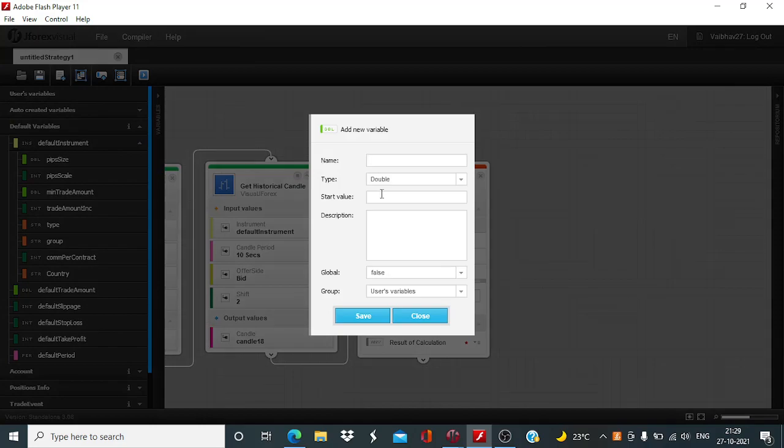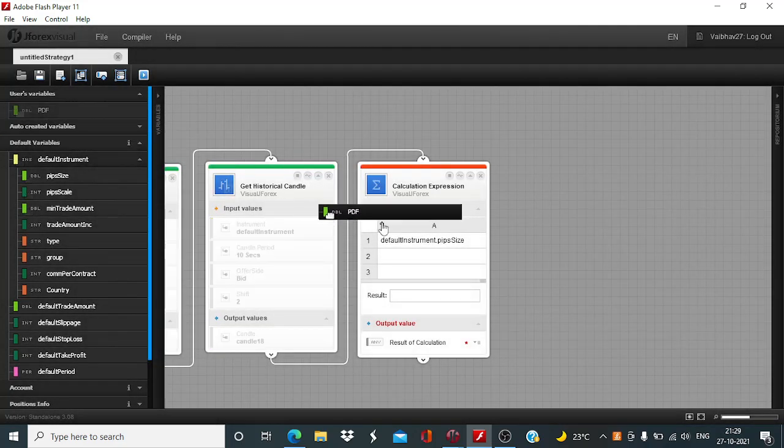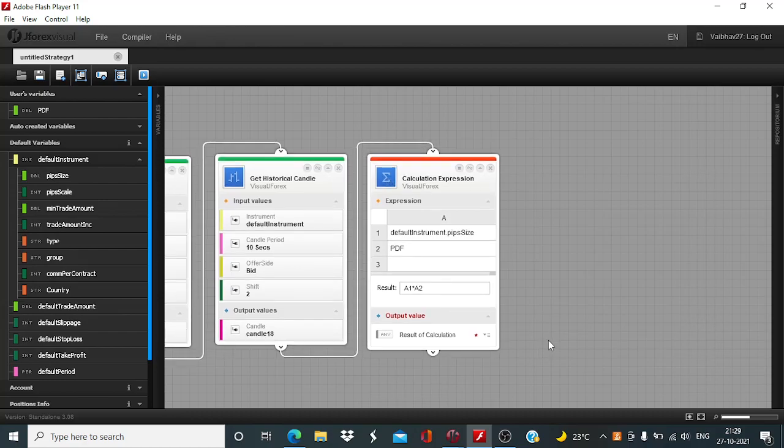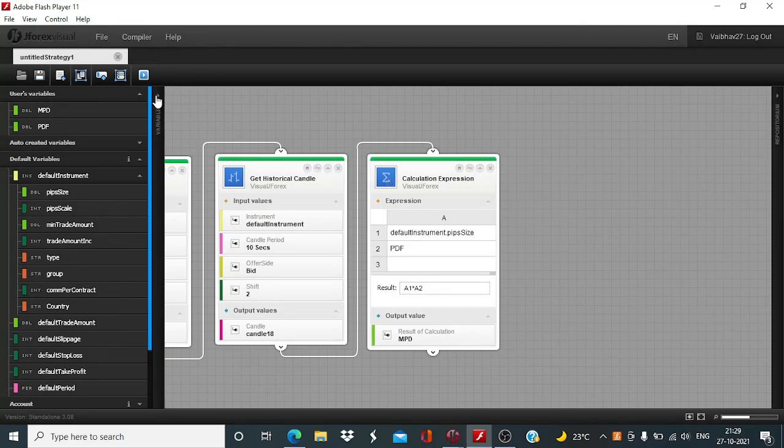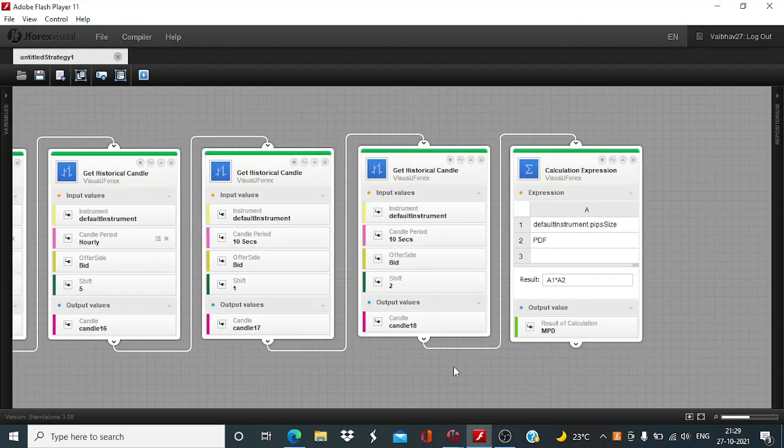For that, I will create new variable with the start value of 20. Okay. And this will become A1 into A2, as per the Excel convention. Okay. And here I will create another variable. So this variable will have the value of 20 pips.